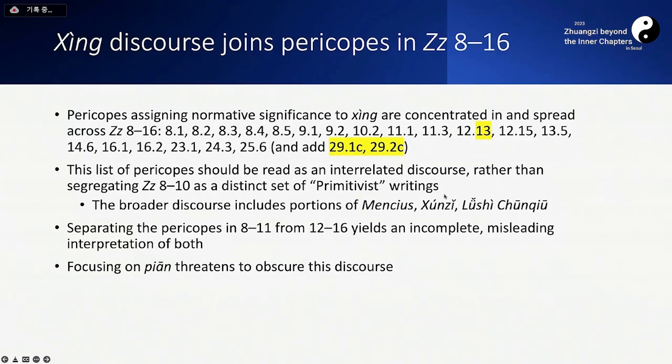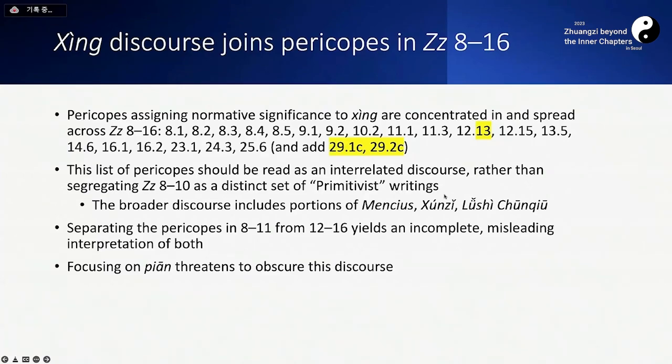And of course, more broadly, read that Zhuāngzǐ discourse as part of a wider conversation about Xing that's going to include portions of Mengzi, Xunzi, and Lü Shi Chunqiu. So I'm not suggesting that all of those Zhuāngzǐ pericopes about Xing are going to converge in presenting a single unified doctrine. What I'm suggesting is that they cohere as contributions to a kind of very prominent conversation or discourse.